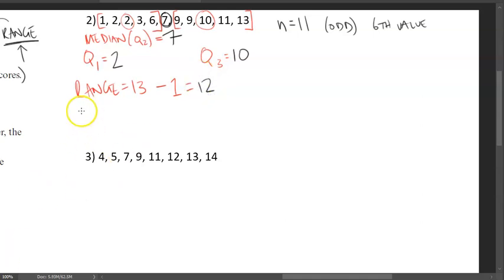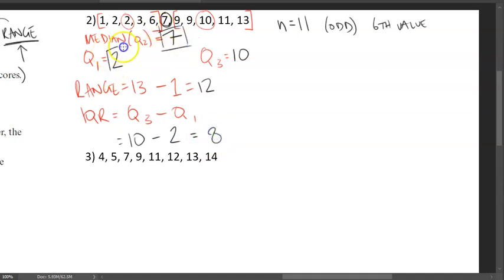The interquartile range, the IQR, is Q3 take away Q1, so the middle chunk difference is, in this case, 10 take away 2, which is 8. So we've got median 7, Q1 2, Q3 10, range, the difference between the highest and lowest, 12, and interquartile range, the difference between Q3 and Q1, which is 8.